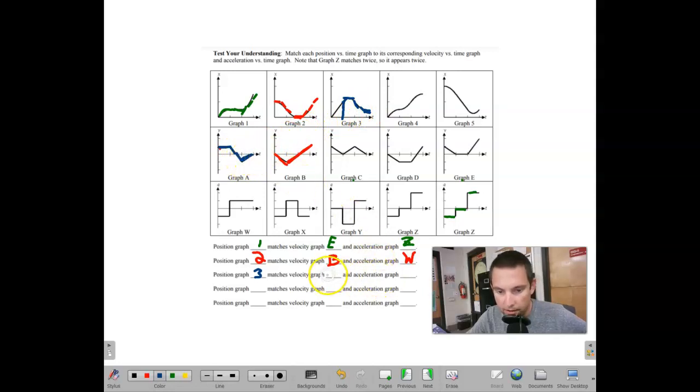So this is graph A. For the acceleration versus time graph for this, we have 0 slope, and then a negative acceleration, and then a positive acceleration. 0, negative, then positive.